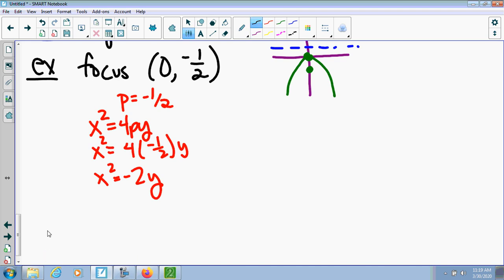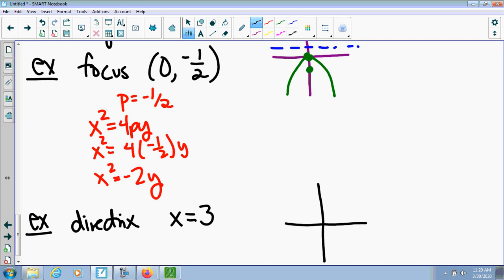Now let's do one where they give us a directrix. So for this one, they say the directrix is x is equal to 3. So I always sketch that, and I say x equals 3. Okay, 1, 2, 3. That's my directrix. So my directrix is up and down.